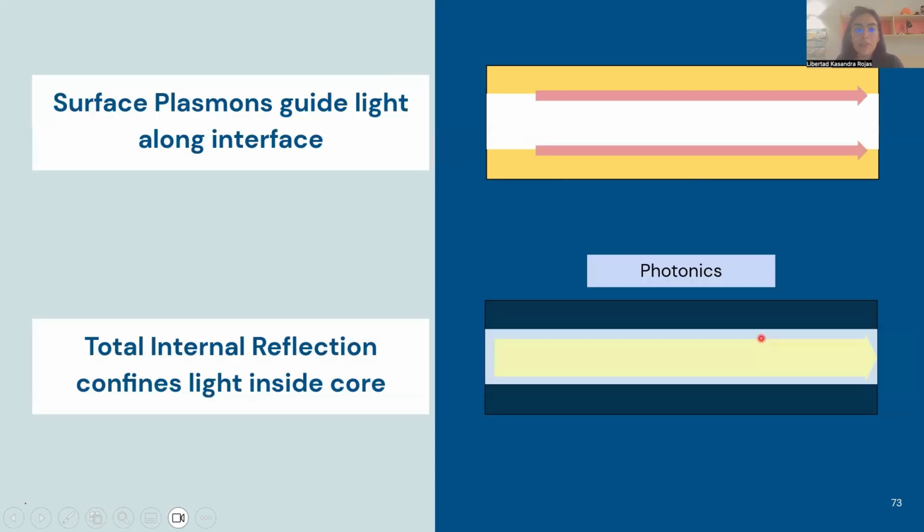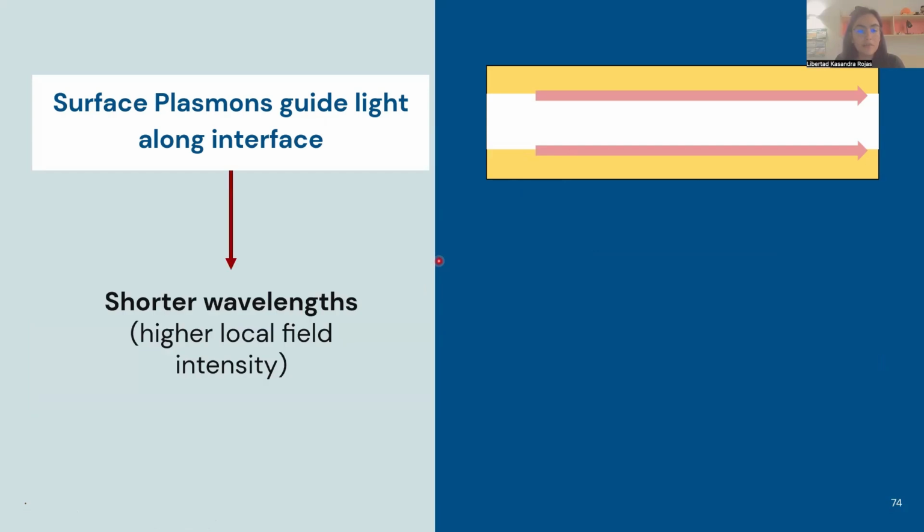Okay, so here just a bit of a recap to see what's happening. Surface plasmons are what are going to guide light along this interface. So that's how we are confining light in this type of waveguide, whereas in photonics, light is guided by the principle of total internal reflection, which confines light to the core. Okay. Now, these dielectric materials can be the same, but as you can see, light is not propagating the same way.